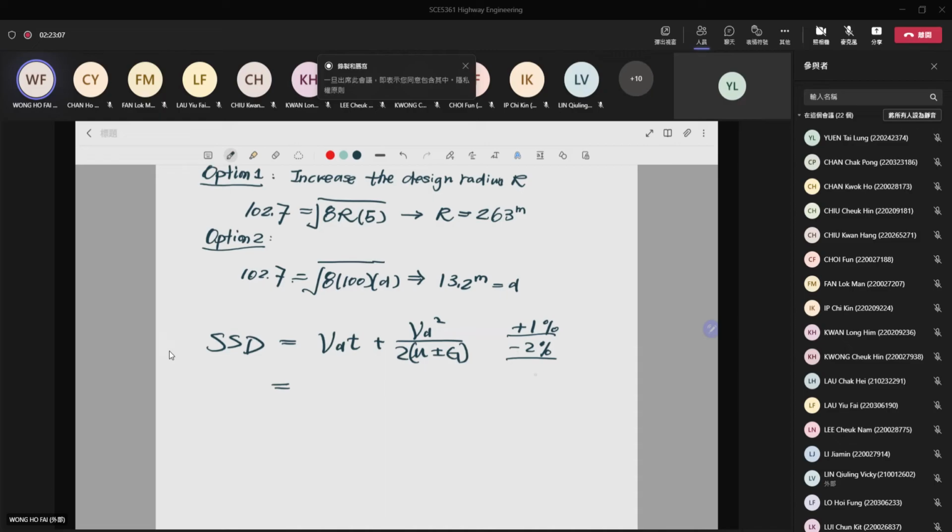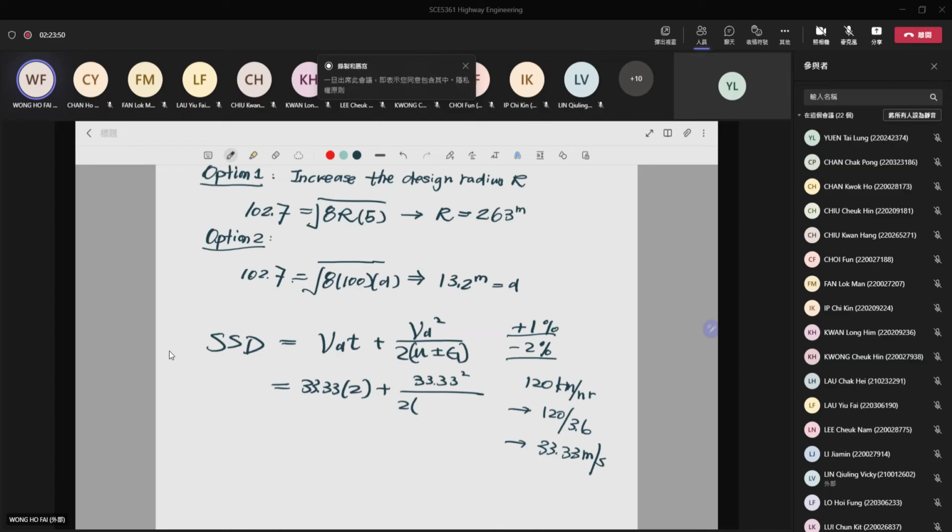Now 120 km per hour is the design speed, so I need to turn it to meter per second. I will divide by 3.6 again, right? So it is equal to 33.33 meter per second. I assume that the reaction time again is 2 seconds. And then VD is the design speed again, so it is 33.33 squared.